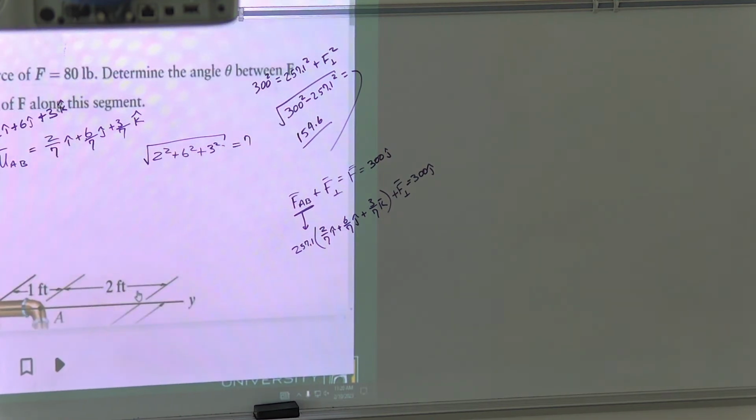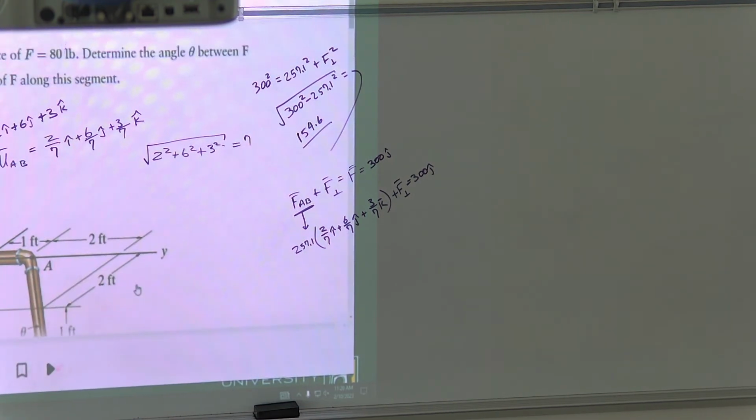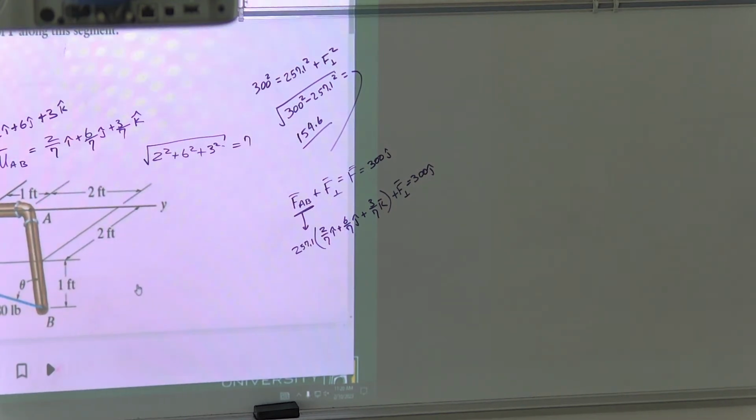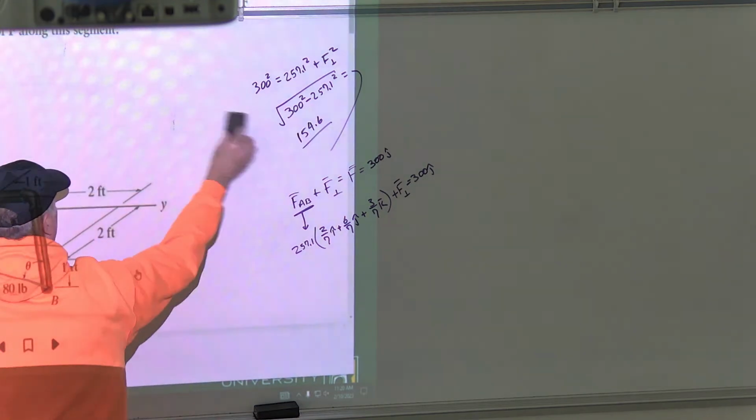Okay. So the other thing you can do with these is this. If you look at him, he has the angle here. I mean, he has the force that's pulling on that blue. Oh, okay. Let me get all the other stuff off here. And he's wanting to know the angle.